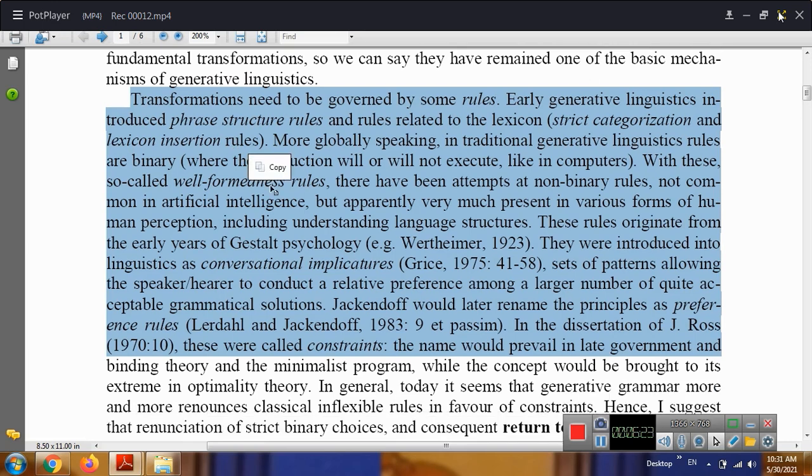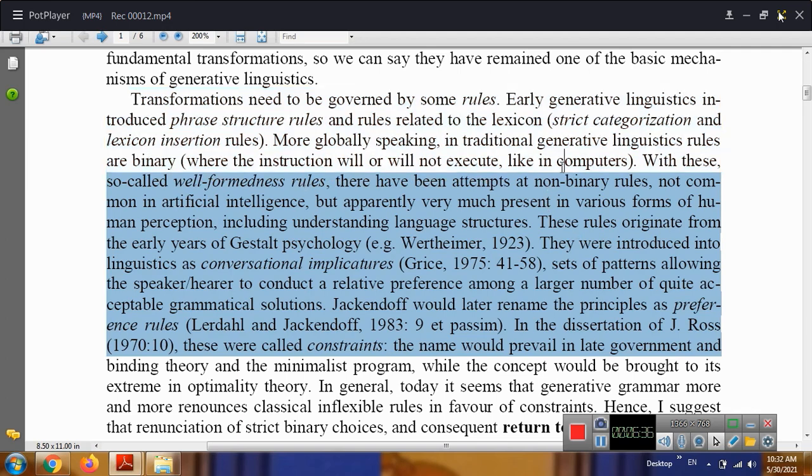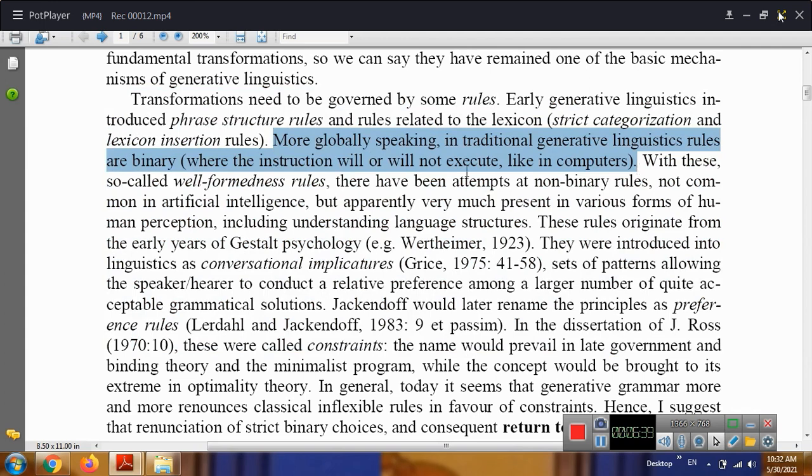More globally speaking, traditional generative linguistic rules are binary, where the instruction will or will not execute, like in computers.